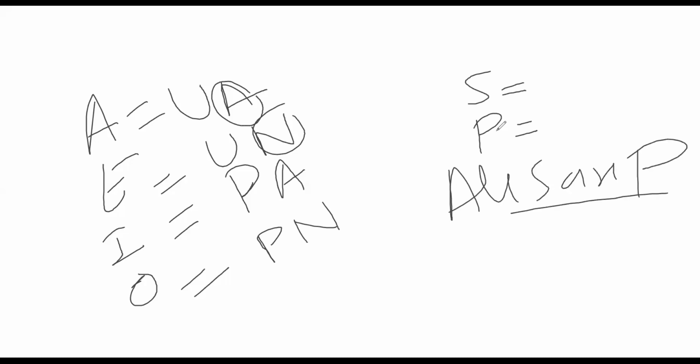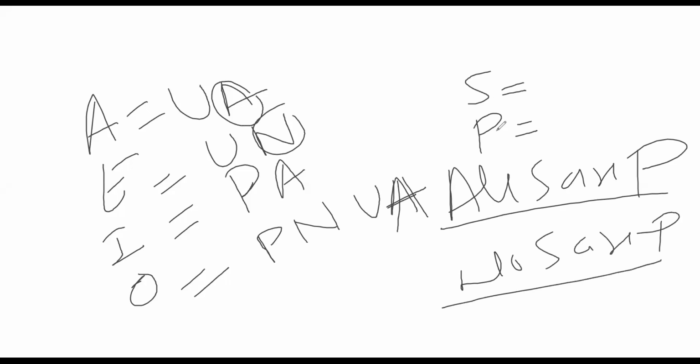Universal affirmative means, suppose I have a proposition S and proposition P. If I say all S are P, that means it is always true. So it is called universal, always true. So universal affirmative. And if I say no S are P, this is a universal statement and it is negative. So universal negative.